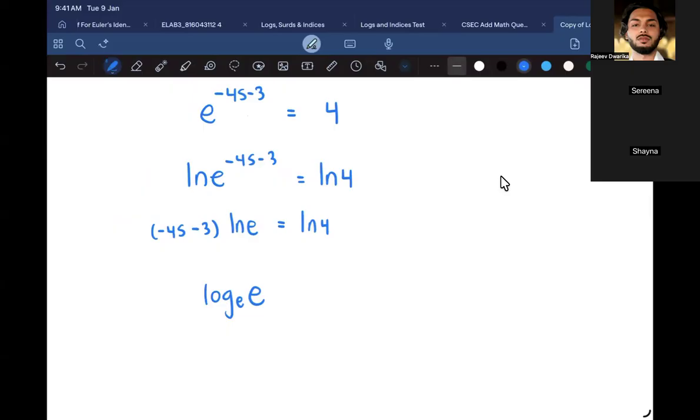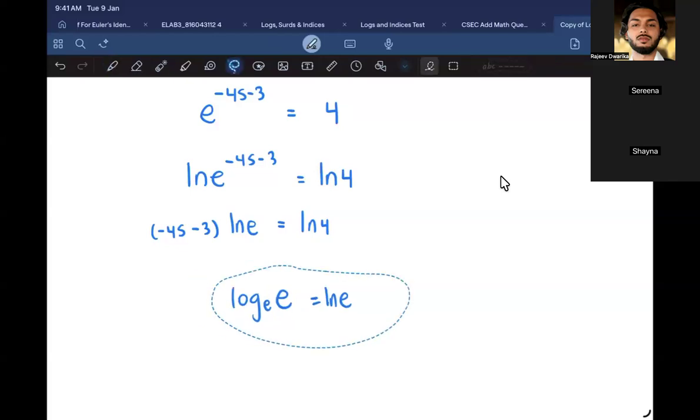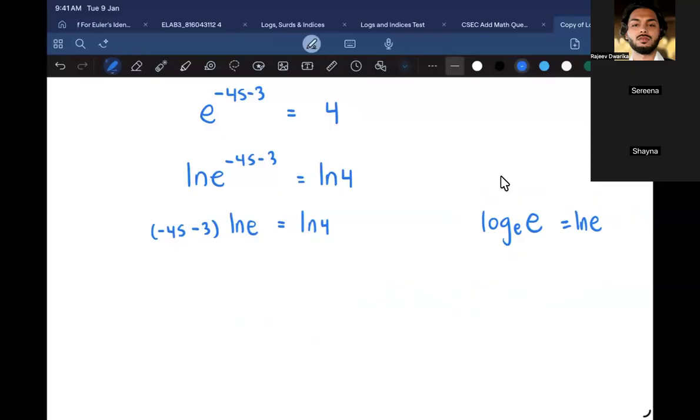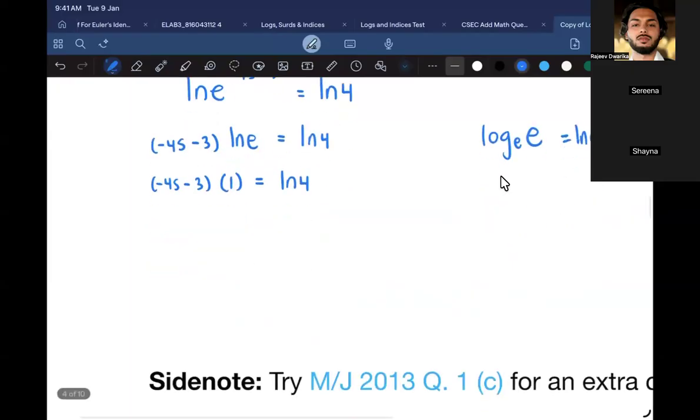Yes, sir. So in other words, what is ln e? 1. Yeah, exactly. So you're gonna end up with minus 4s minus 3 times 1, because we know ln e is 1, equal to ln 4, right?